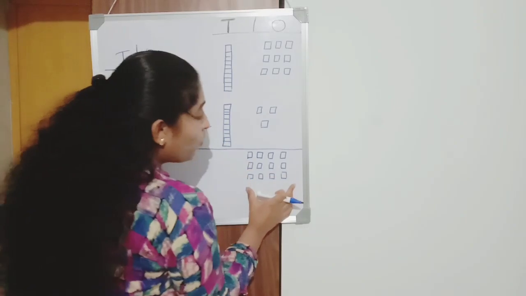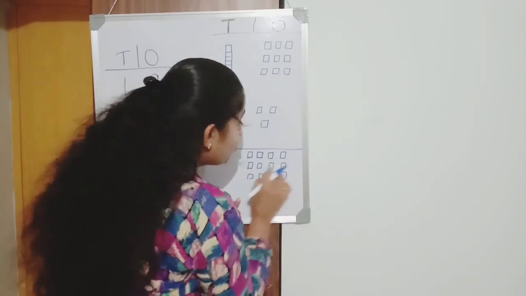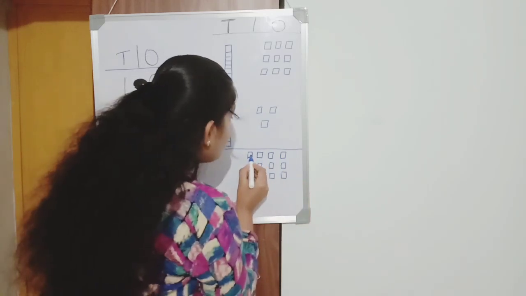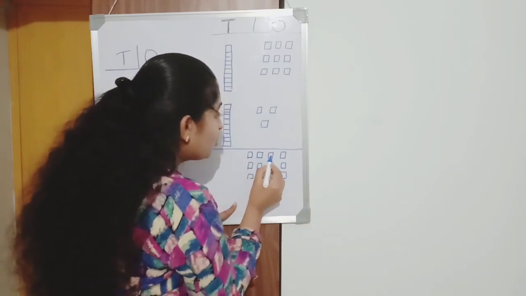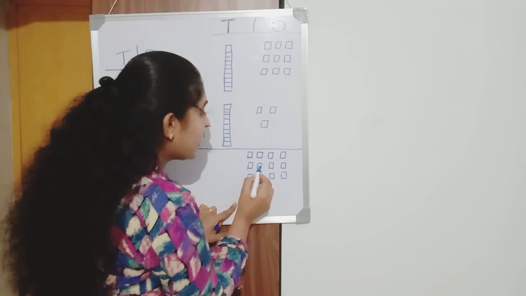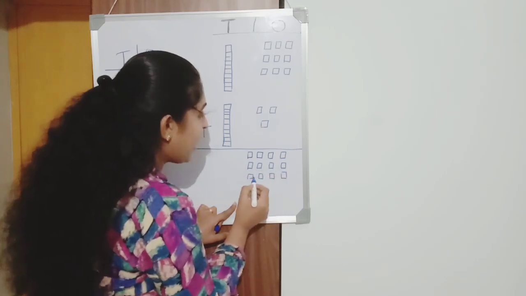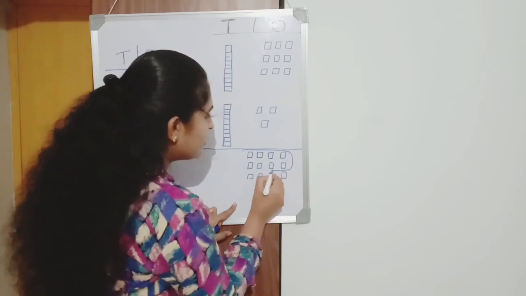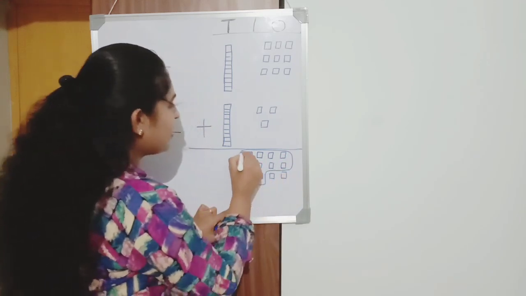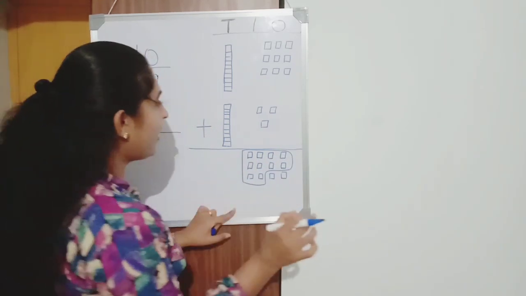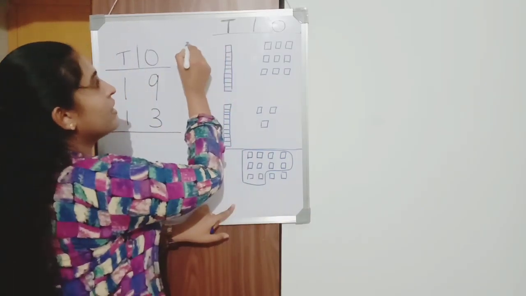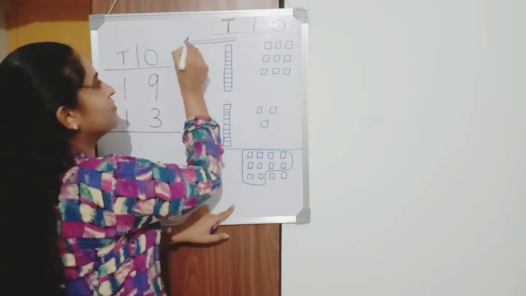So in this, we add 12 ones. So we count till 10. 1, 2, 3, 4, 5, 6, 7, 8, 9, 10. Make this 10 ones as one set. And that 10 ones will move here as carry over.